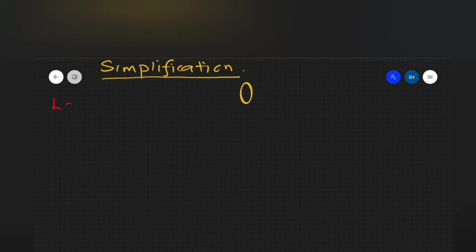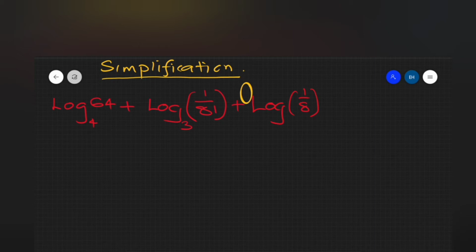So we have log 64 base 4 plus log 1/81 base 3 plus log 1/8 base 2. And this is what we have.